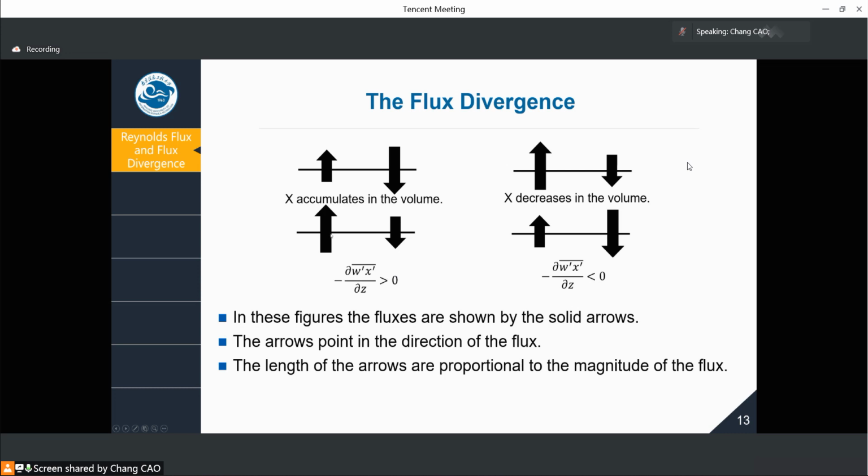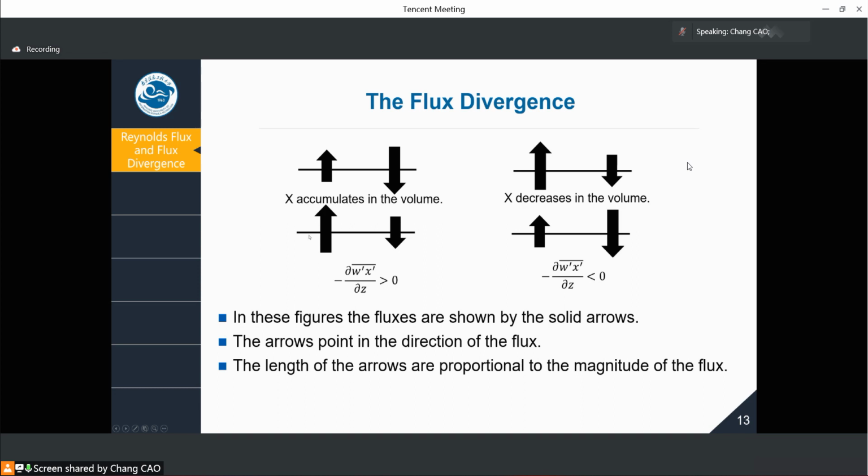Can you understand? If we look at this picture, as the height goes up higher, this flux becomes smaller because this arrow is shorter than this one, and because it is an upward arrow, the flux is positive.